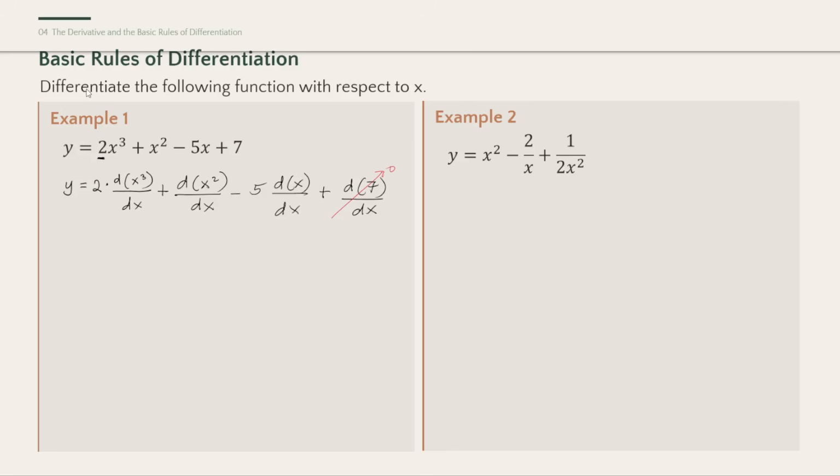Then, this should be y prime. Therefore, y prime is equal to 2, applying the power rule. n here is 3, and here is 2. This one, dx over dx is 1. Derivative of x with respect to x is 1. Applying the power rule here, n is 3, x raised to n minus 1, so 3 minus 1.